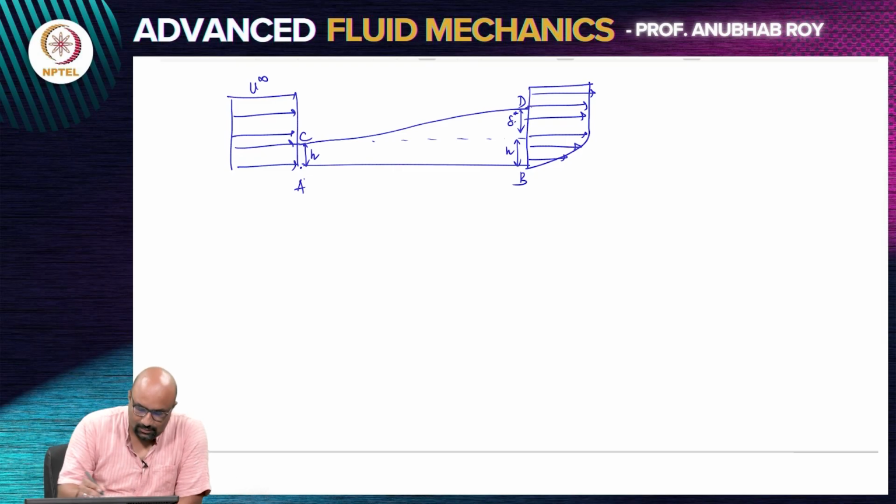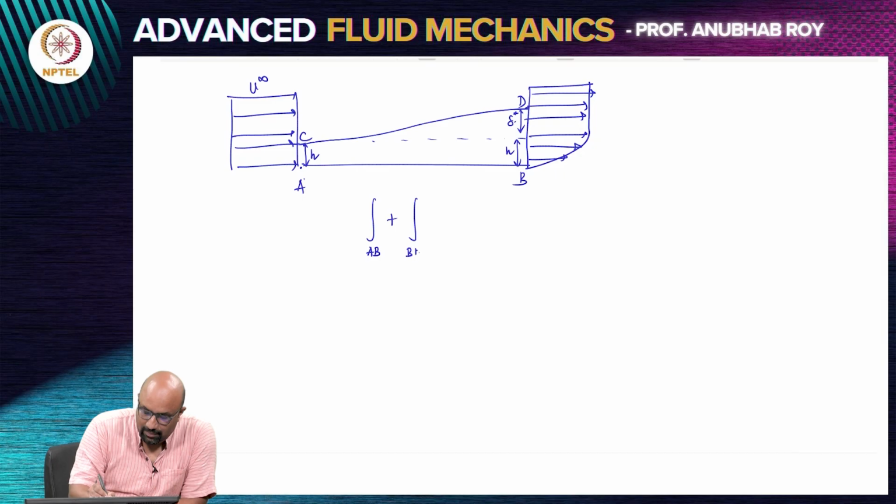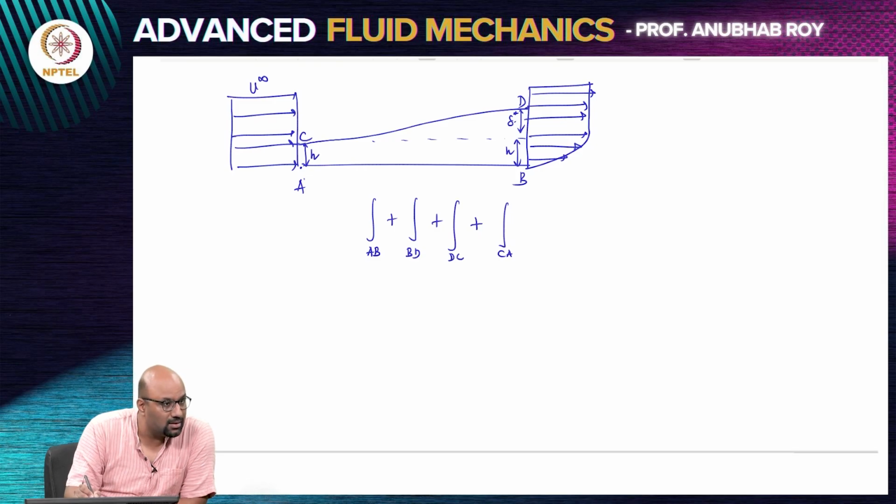So, let us apply mass conservation. Mass conservation tells us that the integral over AB plus the integral over BD plus the integral over DC plus the integral over CA of rho V dot dA, considering this to be a steady flow with no sources and sinks, should be equal to 0.